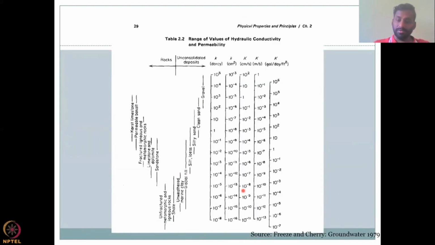We can also use the Freeze and Cherry book that we used in the previous lectures for permeability. Let's take an example of, again, the silty sand, because that equates to your fractured igneous and metamorphic rocks. If you go back to the class notes, you understand that is the dominant aquifer system in India.